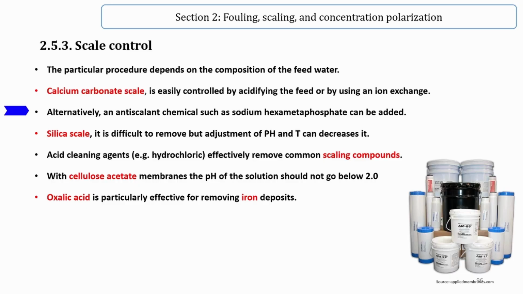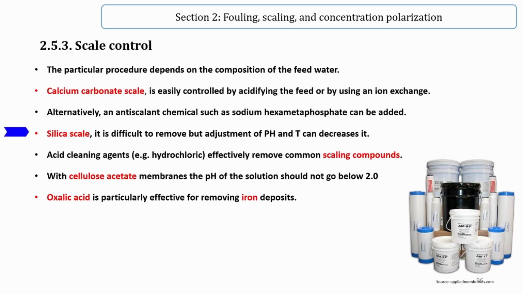Anti-scalants interfere with the precipitation of the insoluble salt and maintain the salt in solution even when the solubility limit is exceeded. Polymeric anti-scalants may also be used, sometimes in combination with a dispersant to break up any floc that occurs.